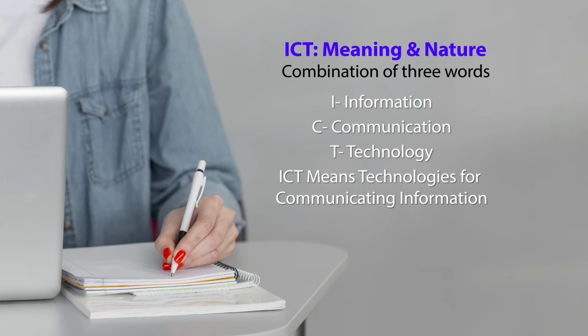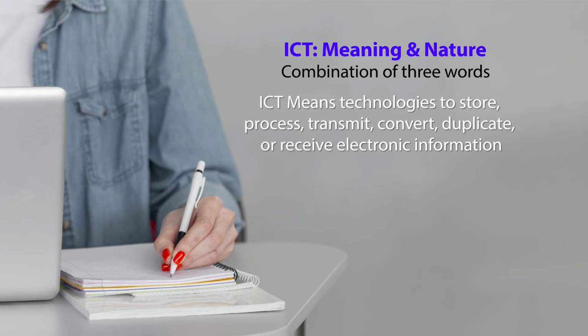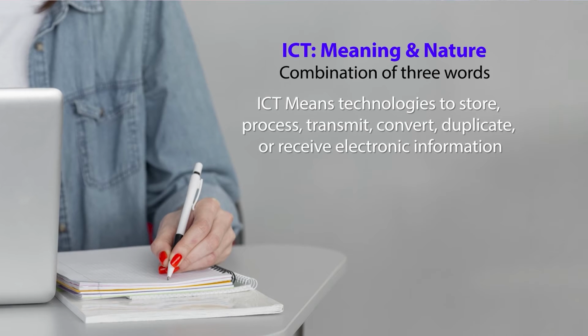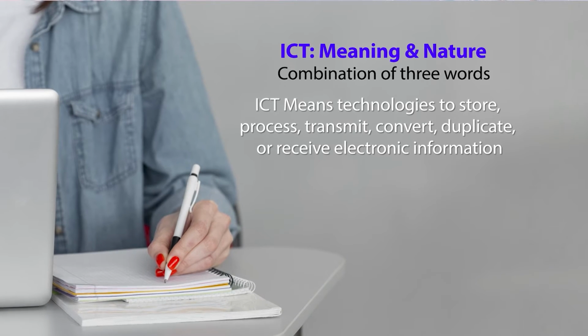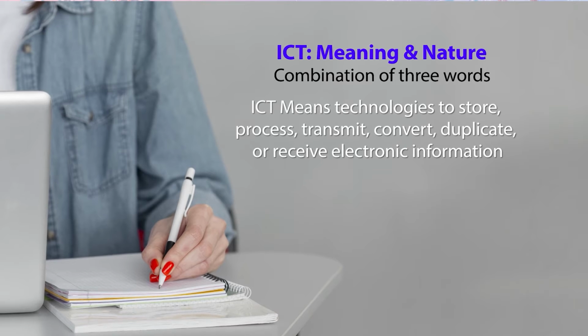That is one of the simplest definitions. A little more in-depth definition: ICTs are the technologies which are used to store, process, transmit, convert, duplicate or receive digital or electronic information.